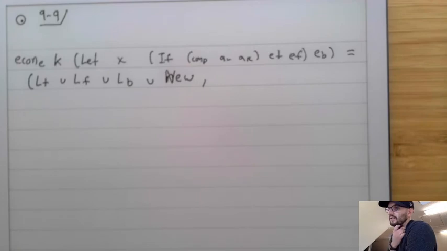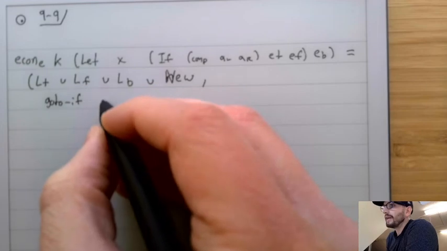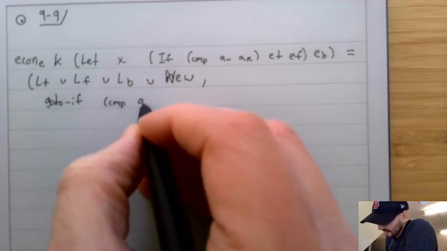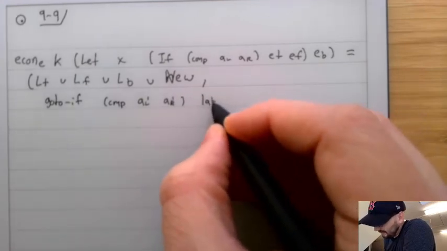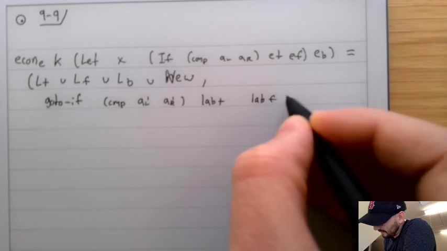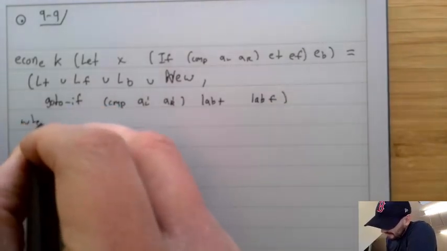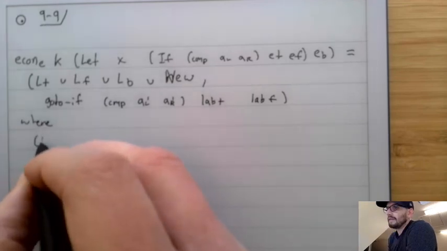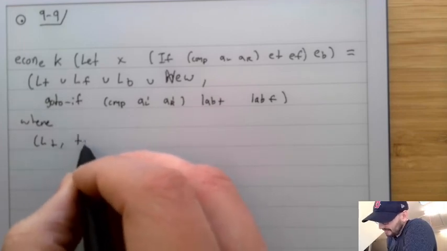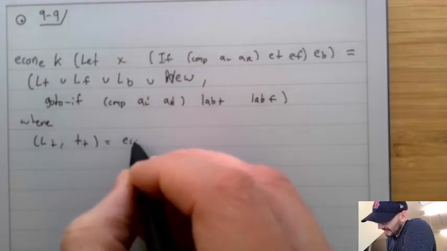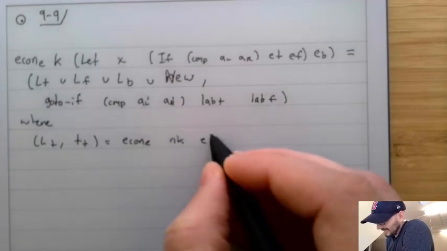And now what we're going to do is we're going to have a goto if, where we have the comparison between the argument on the left prime, the argument on the right prime, the label for the true side, and the label for the false side. All normal. The labels for the true side and the tail for the true side is econ E of the new continuation and ET.